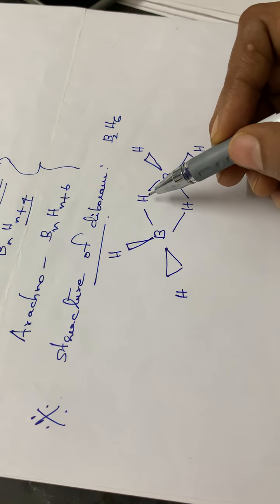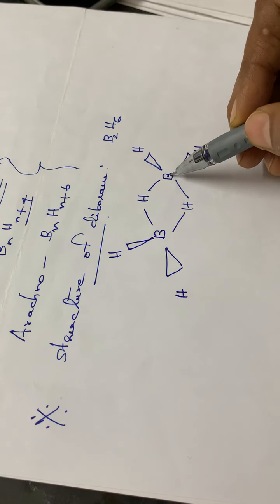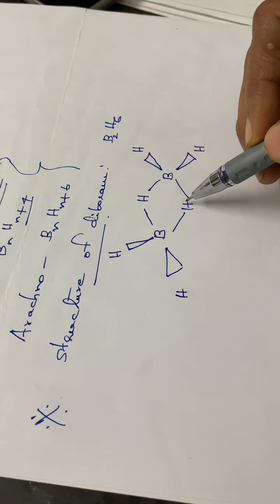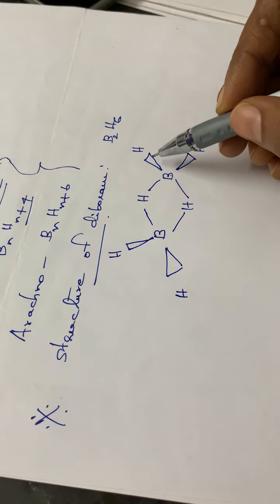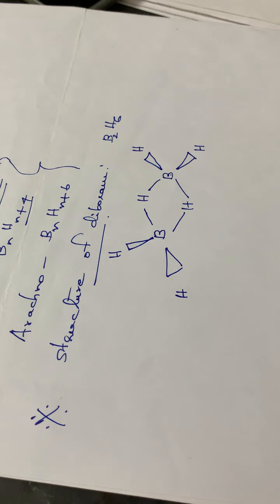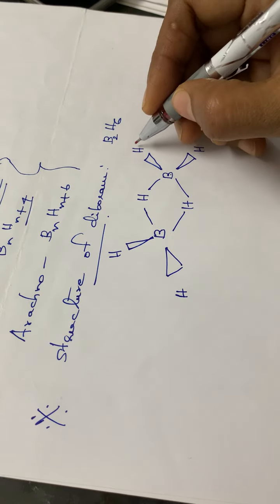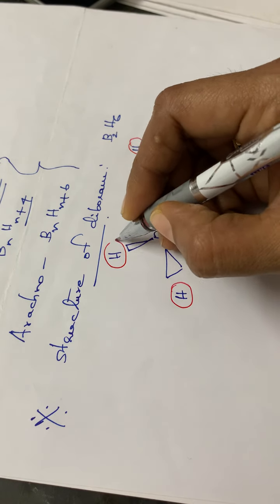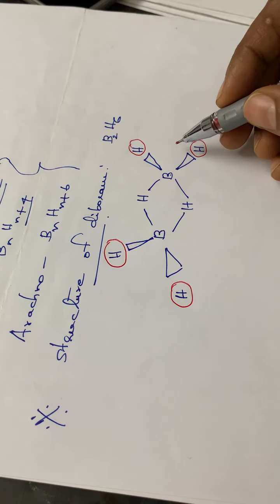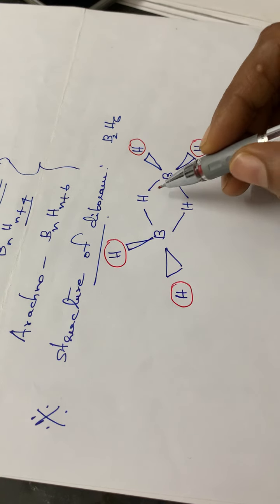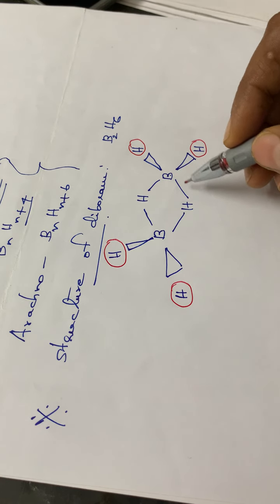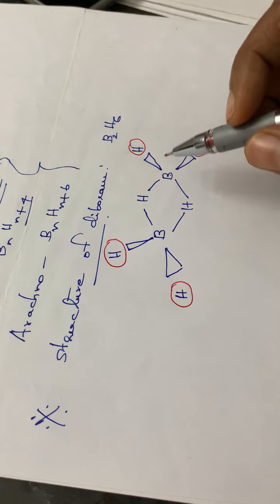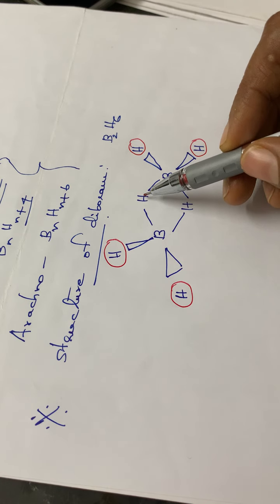See, these 2 boron atoms and 2 hydrogen atoms are lying in the same plane. And again these 4 hydrogen atoms, H1, H2, H3, H4, are lying in a plane perpendicular to this BHB bond.